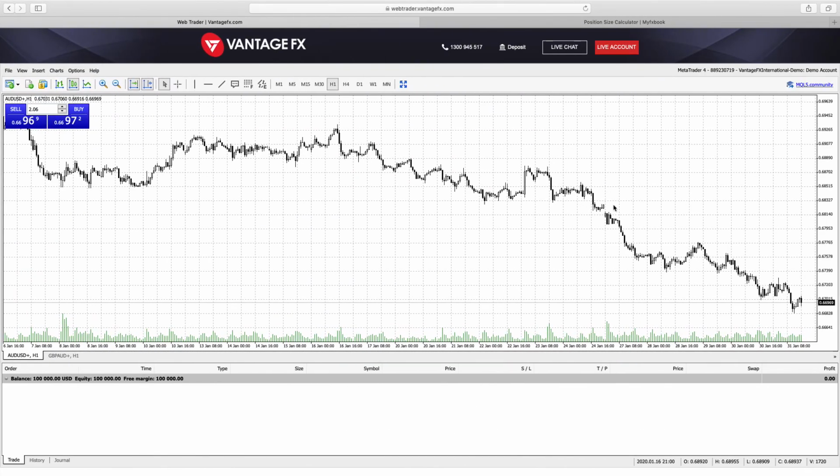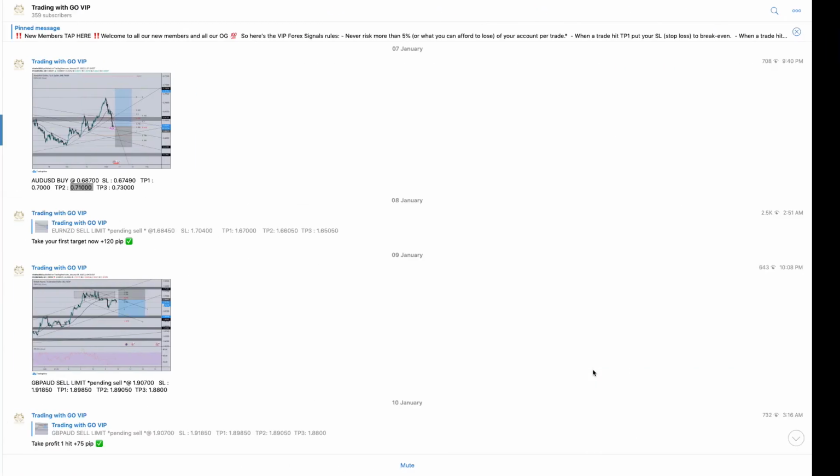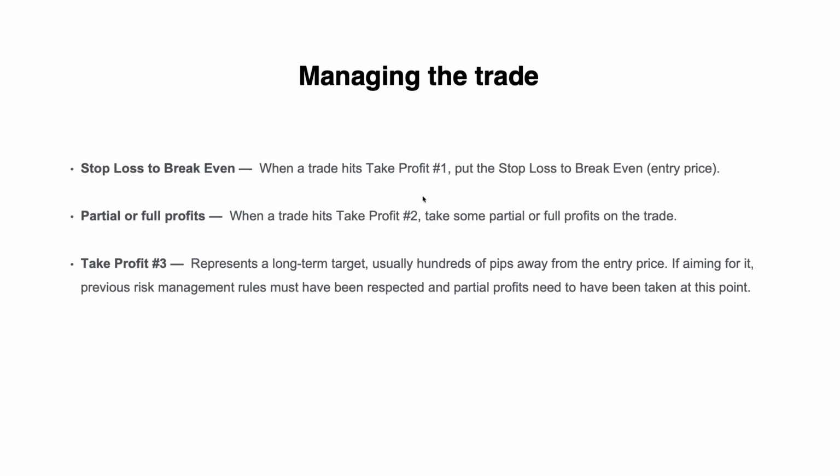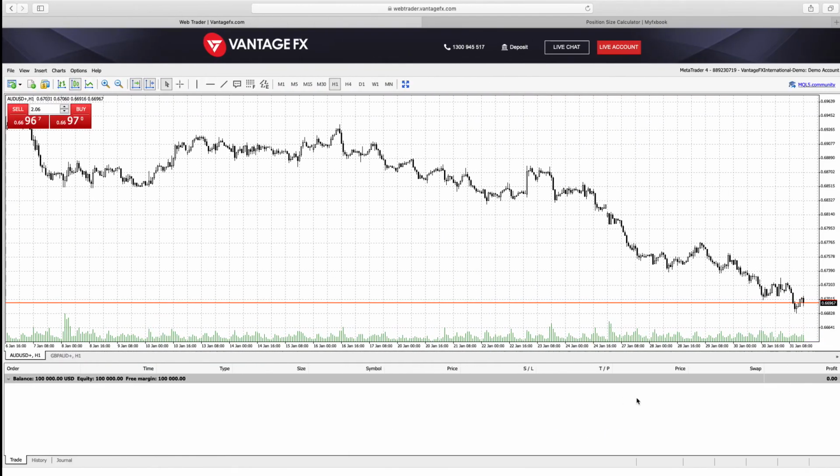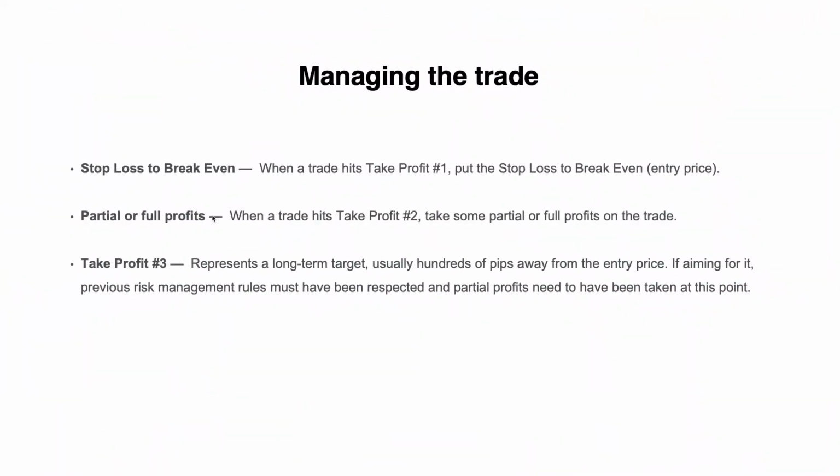So at this point there are two positions, two orders right here. You see the two positions, and boom, one closes because it took take profit number one. From the moment it takes take profit number one, the only one left, you put the stop loss to break even, to the entry price.